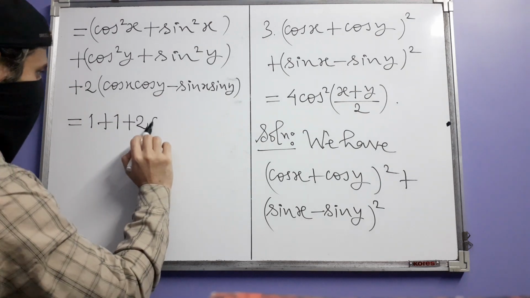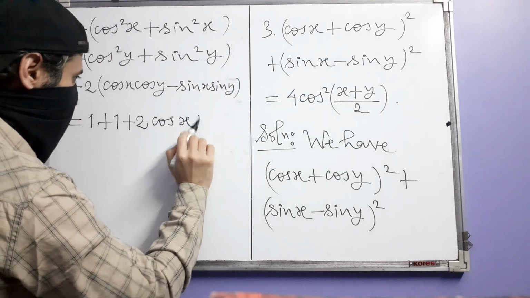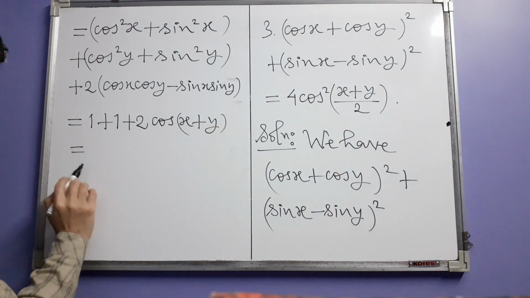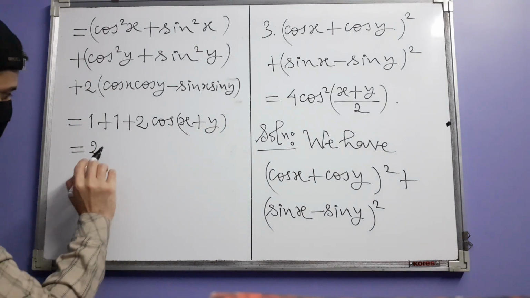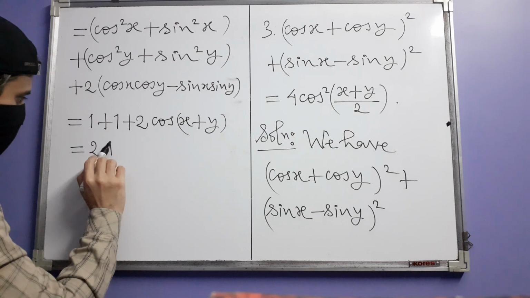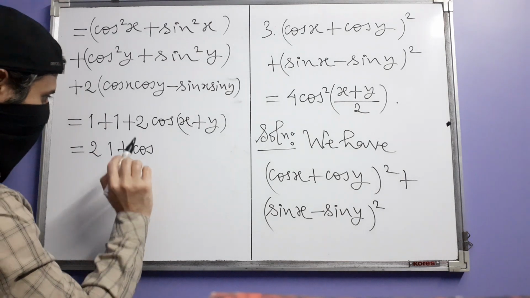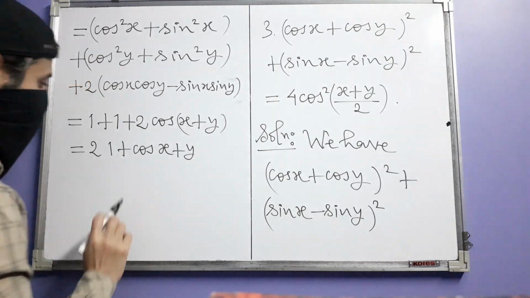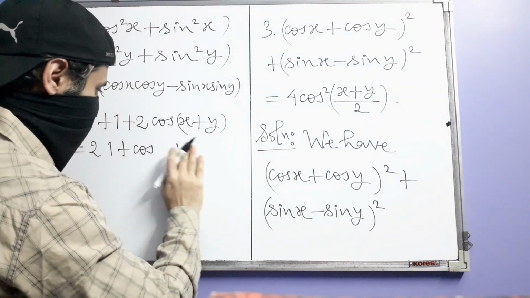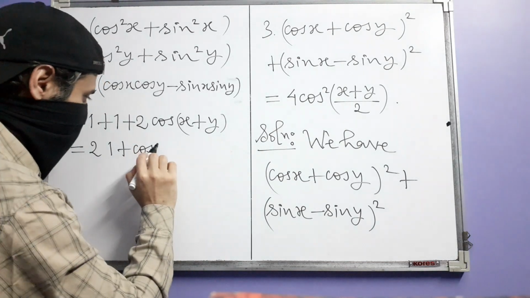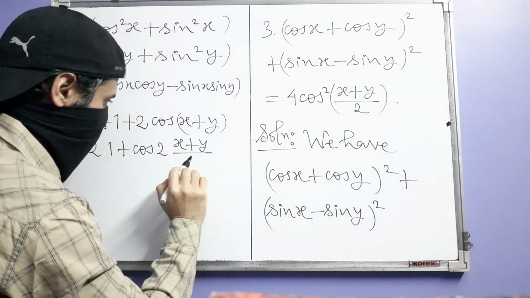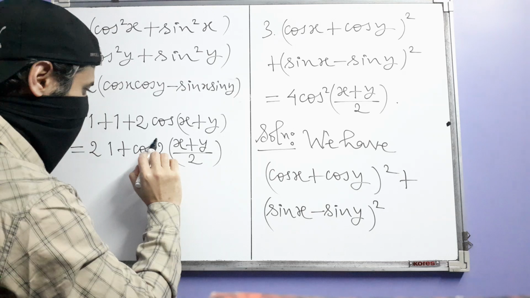What is this one? This is cosine of x plus y. So 2 plus 2, that means if we take 2 outside, we get this. And now this, instead of simply writing x plus y, we can also write 2 times x plus y divided by 2.